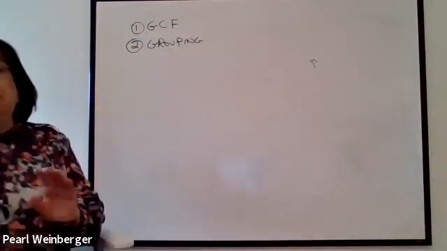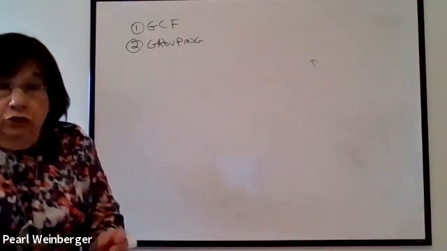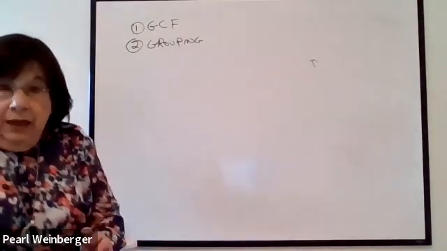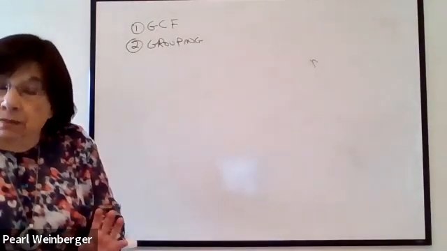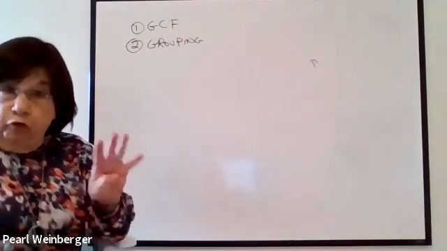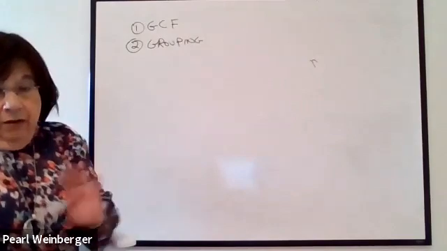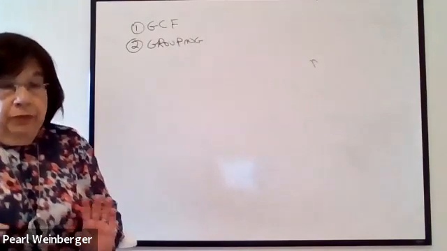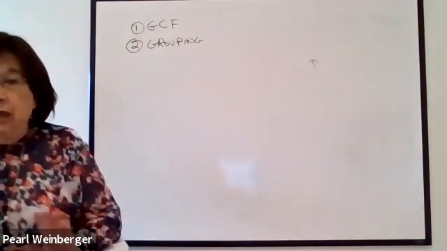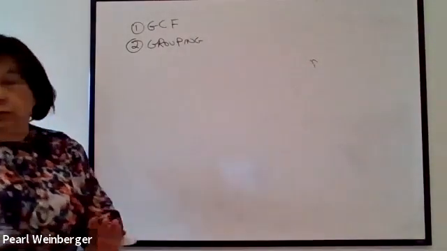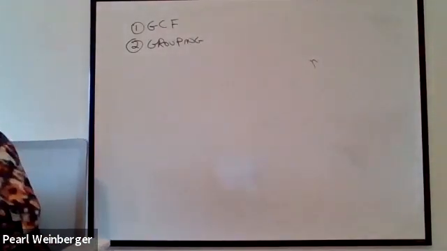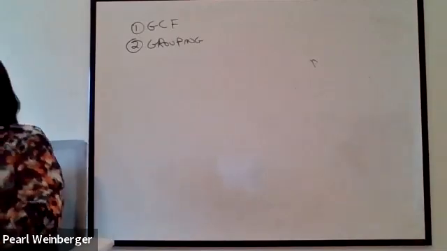Now, usually this grouping method is used when you have a polynomial that has 4 terms. It's not a trinomial, it's a 4-termed expression. It doesn't have a special name. It's a 4-term polynomial. So let's say I have something that looks like this.